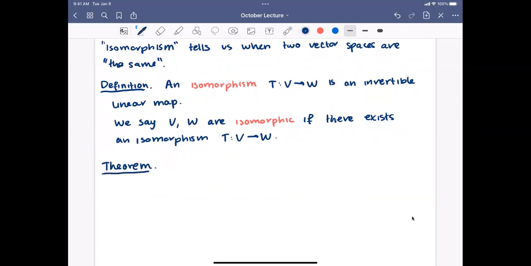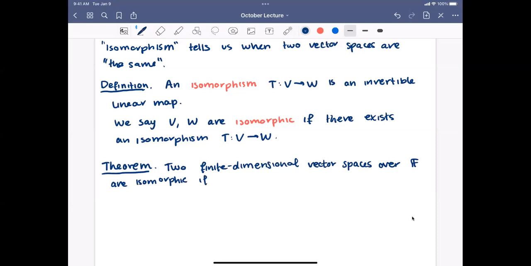The theorem says that two finite dimensional vector spaces over some field F are isomorphic if and only if they have the same dimension.